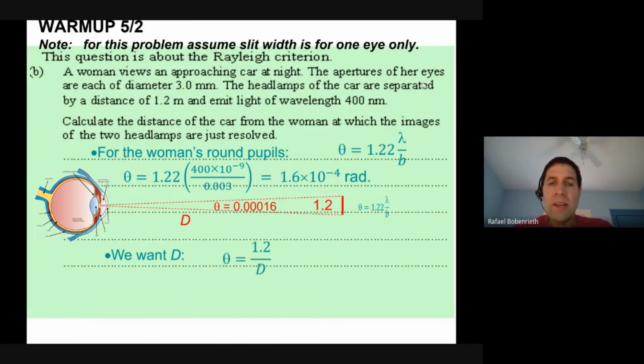Really it's the definition of an angle in radians: the size of the arc length divided by the radius of the circle. So it's S over D in this case, using the letters that we're using. And the S we know is 1.2. And so then we just solve for capital D. When we do that, we get a value of 7,500 meters, which is 7.5 kilometers. Okay. So there you go.